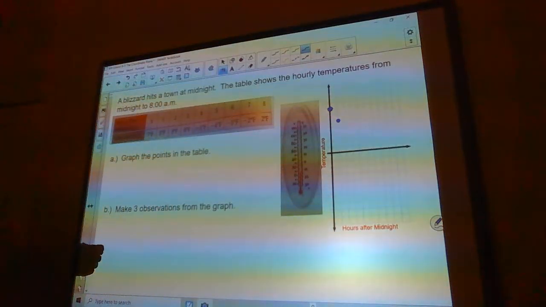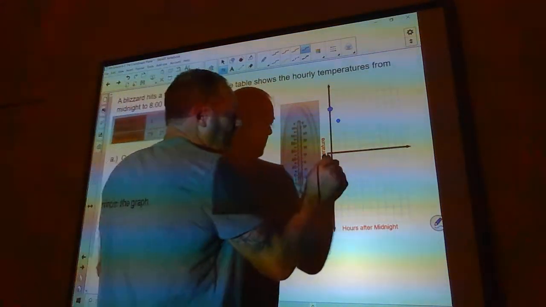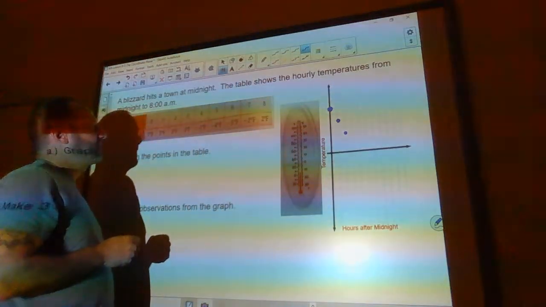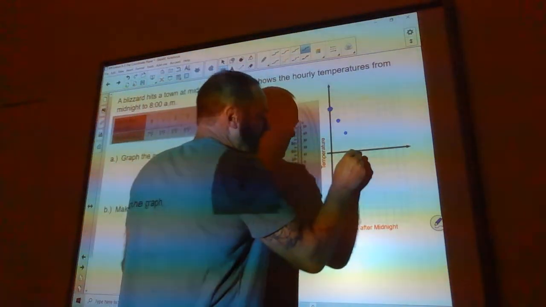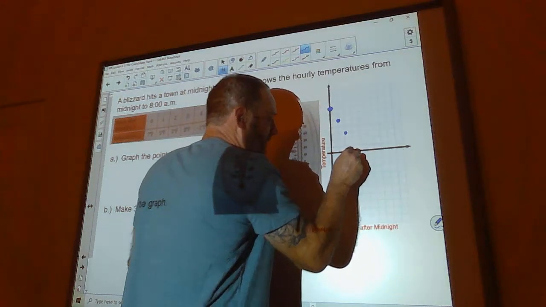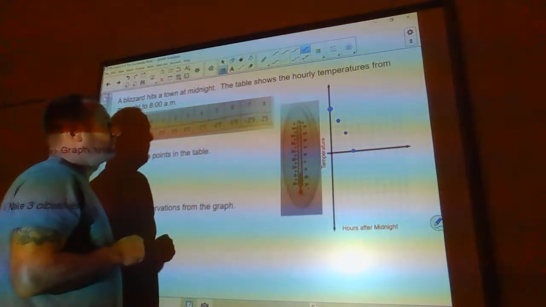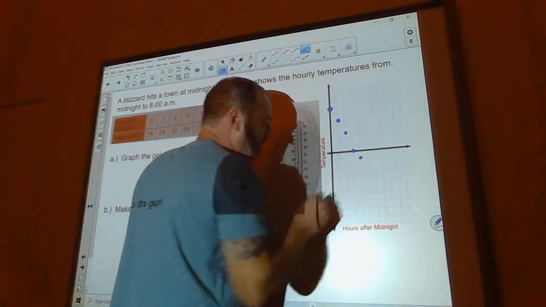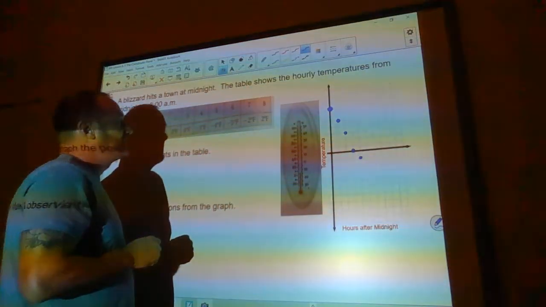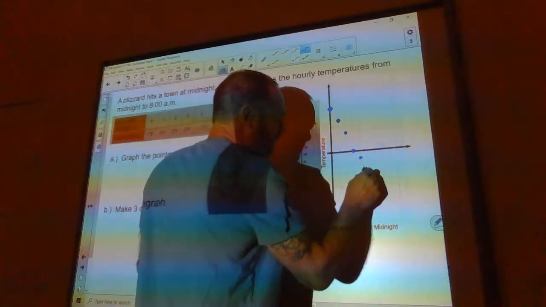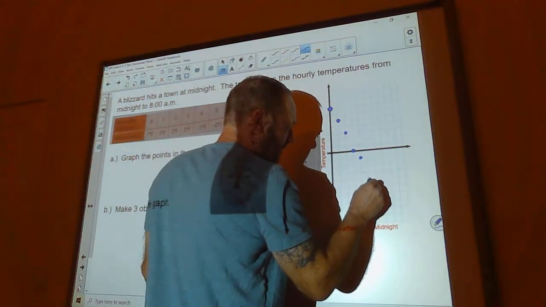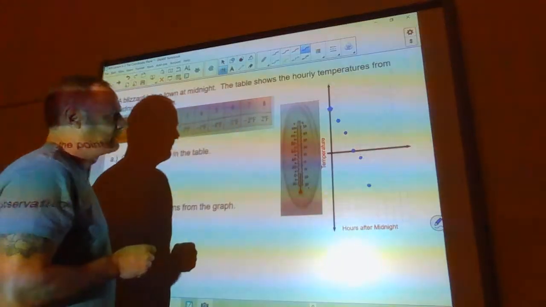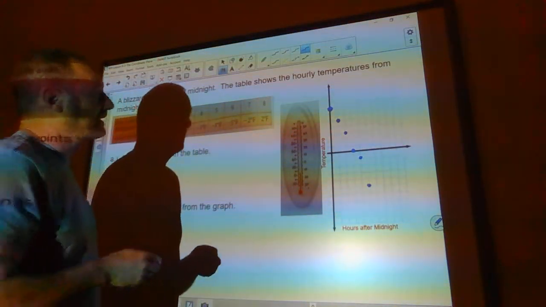1, 5. 2 hours after midnight is 3 degrees. 3 hours after midnight, it's 0 degrees. 4 hours, it's -1. 5 hours, it's -4. Oops, that should be -4, shouldn't it?